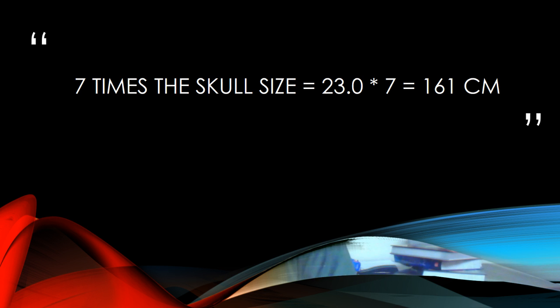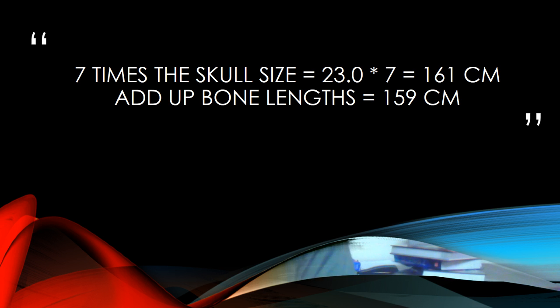I multiply that by 7 and I get 161 centimeters. Now, I add up the bone lengths and I get 159 centimeters. That's awfully close. In fact, that's probably closer than we would think, because we expect our estimate to be kind of low. But in any case, 160 centimeters, still about 5 foot 3 inches is what both estimates give us.